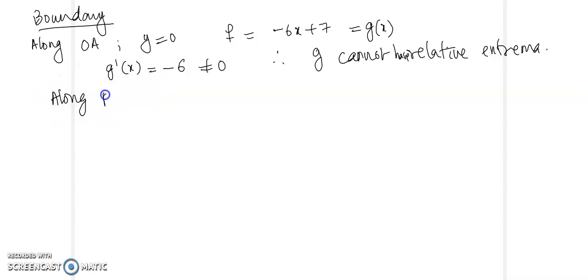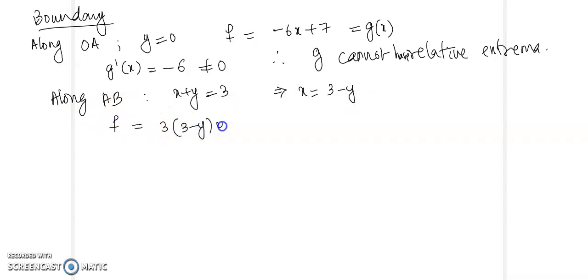Now let us look along AB. Along AB, x plus y is equal to 3, so x will be equal to 3 minus y. Then f will reduce to 3(3 minus y)y minus 6(3 minus y) minus 3y plus 7.